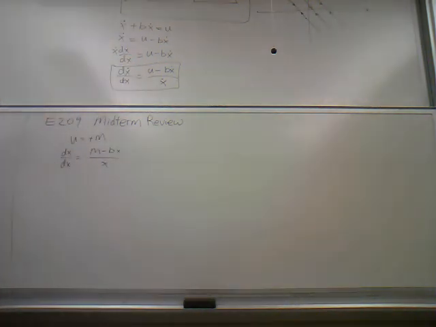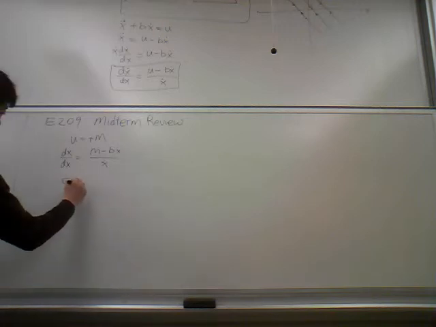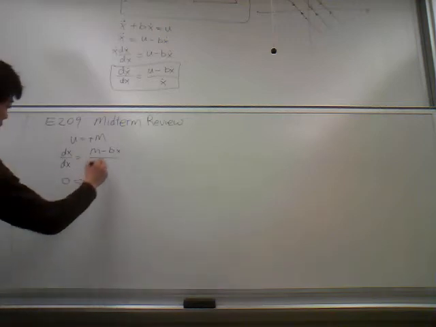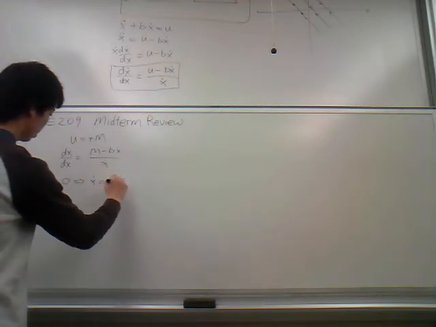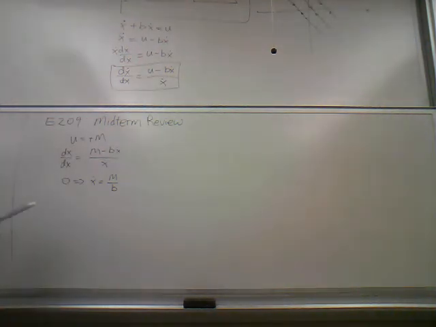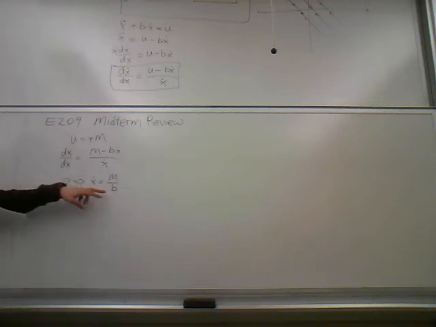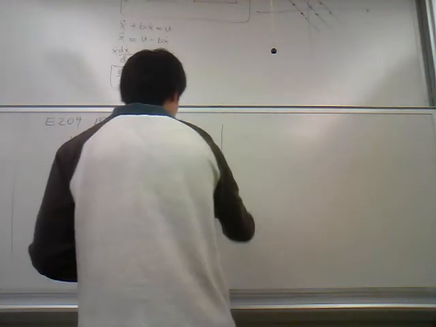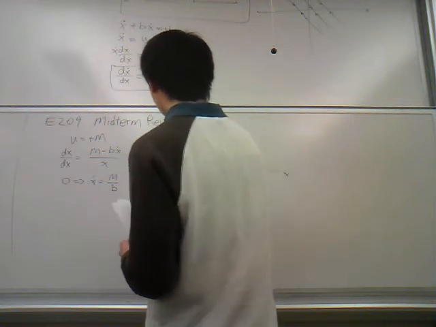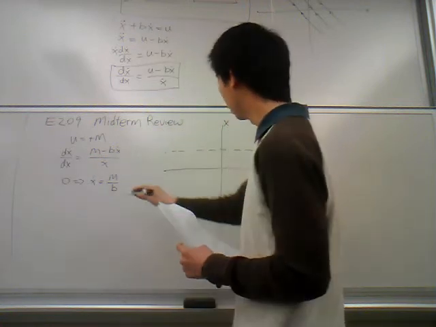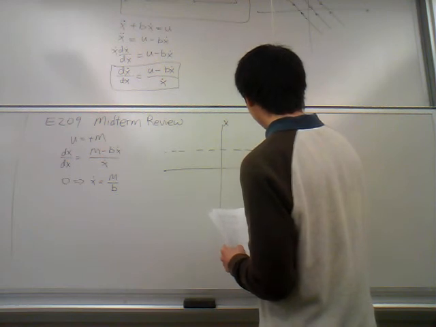If I'm looking for a line of 0 slope, we can see that this happens when x dot equals M over b. And so that's going to be a horizontal line, x dot equals M over b.